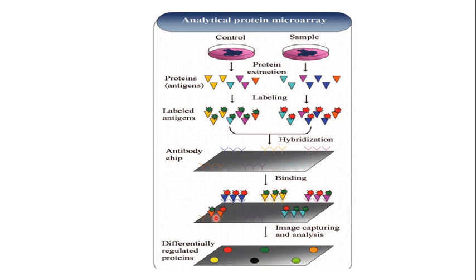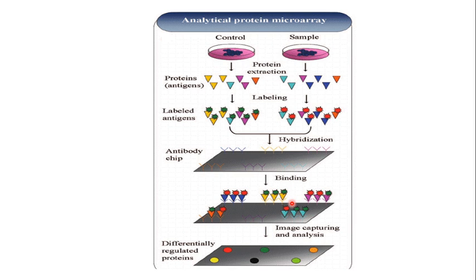If you talk about this one, these antibodies are equally expressed. These antibodies are not expressed in any of the control or any of the sample. And here you can see that this one is more expressed in the control condition as compared to the treated condition.